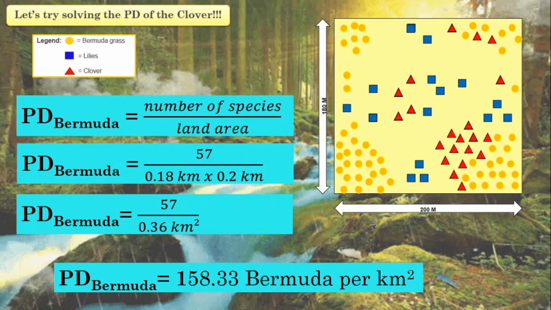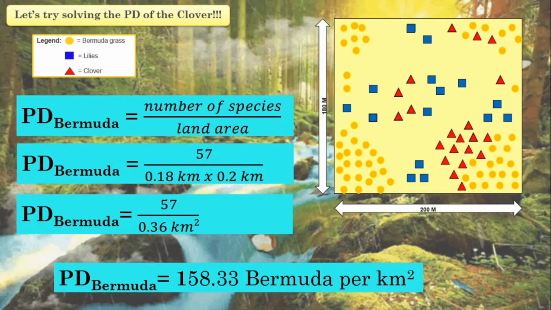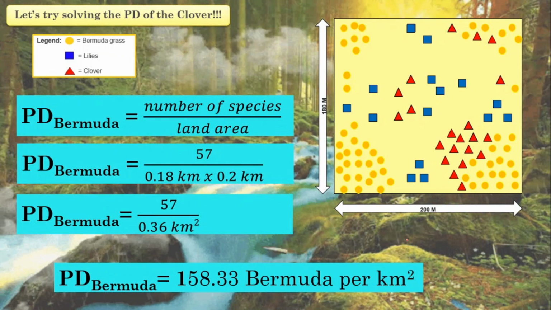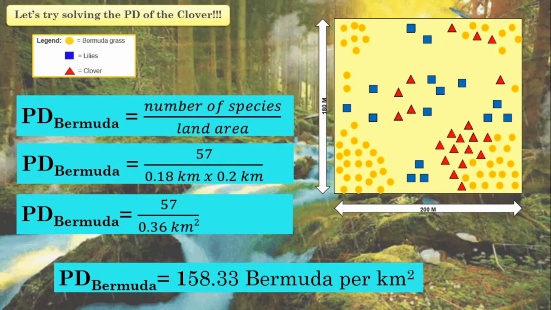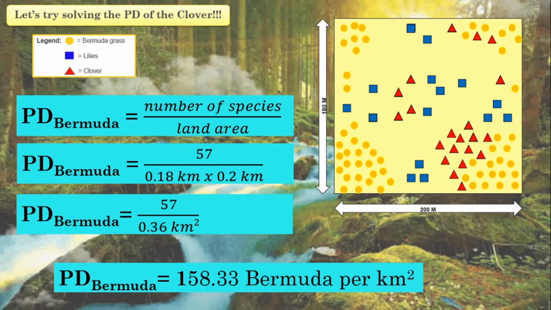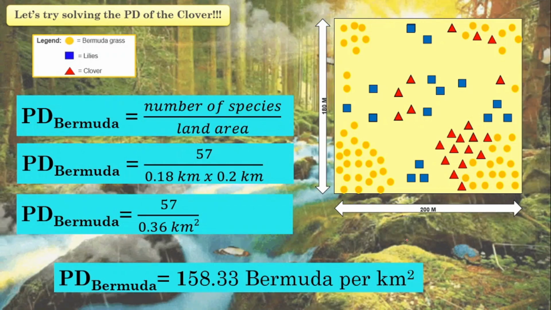Therefore, the population density of the Bermuda is 158.33 Bermuda per square kilometer.